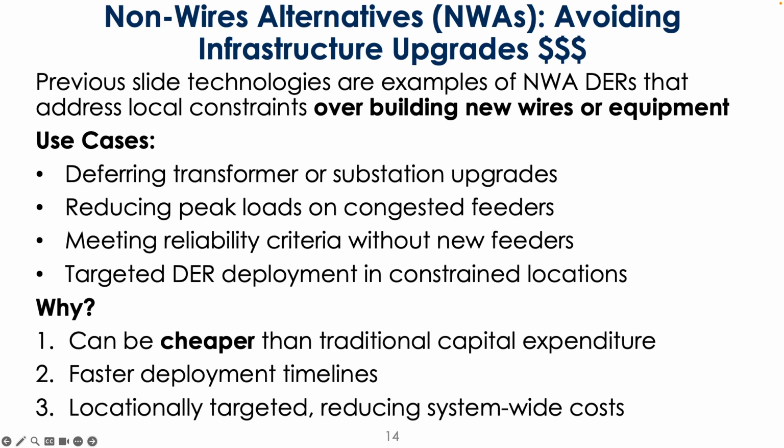Does that make sense? Yeah, I was caught up in the technicality of what is considered equipment. Yeah, I'm referring to the traditional grid infrastructure, like wires and poles and transformers, versus the actual DER equipment.